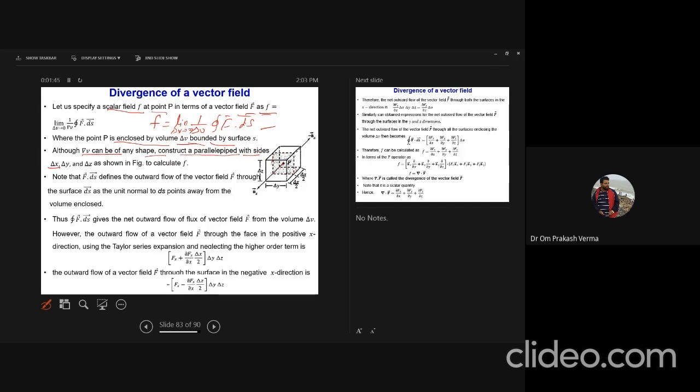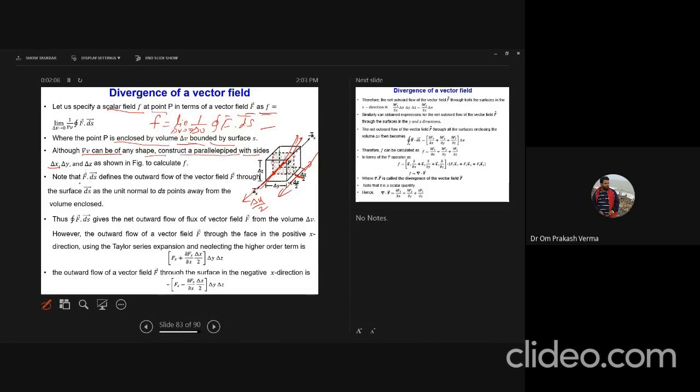So delta x by 2 in this direction, delta x by 2 in this direction, and in a similar way delta y by 2, delta y by 2, right?